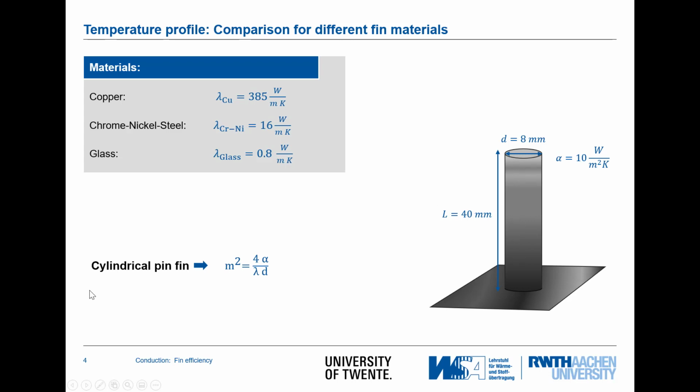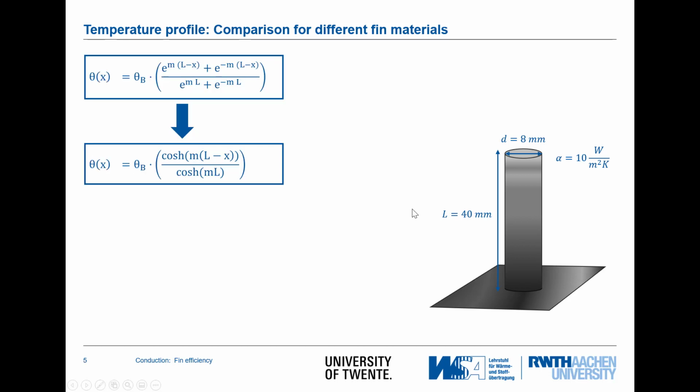It's a pin fin, and due to this geometry, our fin parameter m square is equal to 4 alpha divided by lambda d. Remember, it had something to do with the ratio of the circumference and the cross-sectional area, and then also with the heat transfer coefficient outside and the thermal conductivity, the thermal conductivity of the fin, excuse me.